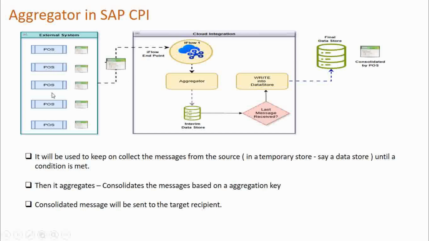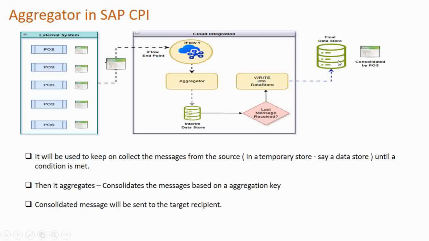Suppose you are getting messages from a store or any other place, then these messages will be aggregated based on the store ID. Once aggregation is completed, that means the consolidation is completed, the final message will be released from the aggregator. That released message will be given to the recipient.